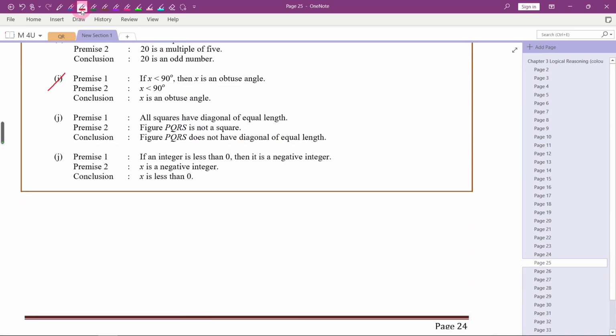Let's look at another one. Premise 1: If x is less than 90 degrees, then x is an obtuse angle. Premise 2 says that x is less than 90 degrees, this part, and the conclusion will be this part, x is an obtuse angle. This is valid, but not sound.